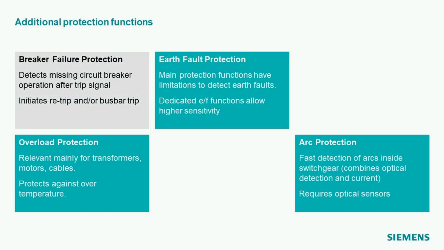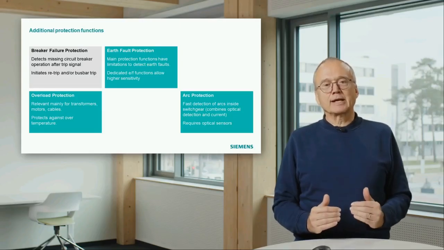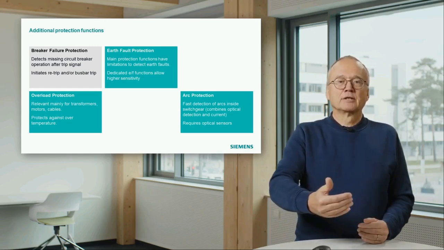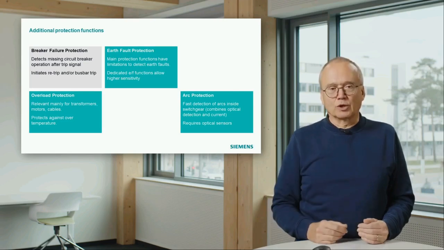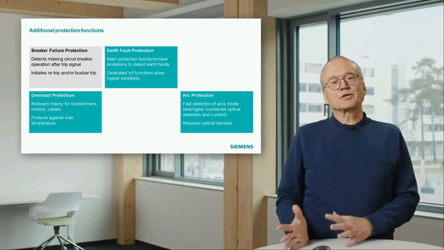Breaker failure protection would also be an additional protection function. What is breaker failure protection? Breaker failure protection is a function which detects a situation where a protection relay has detected a short circuit, gives a trip command, but the breaker doesn't work. And this function consists of two parts.